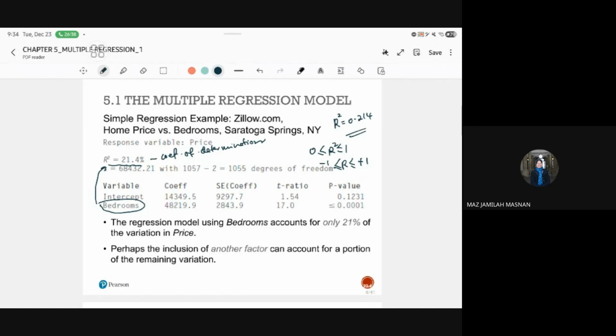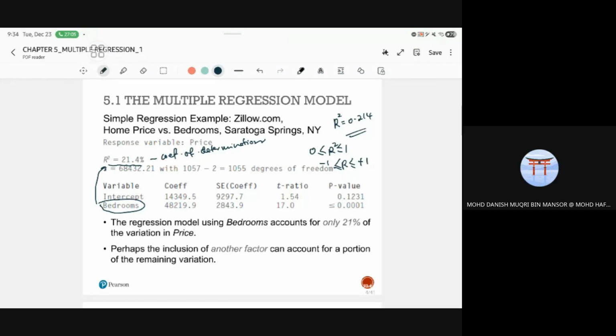So is 21.4% for R squared good or not? Is it a good indicator for the home price? Is bedroom a good independent variable for home price? Yes or no? Class? No. Why?